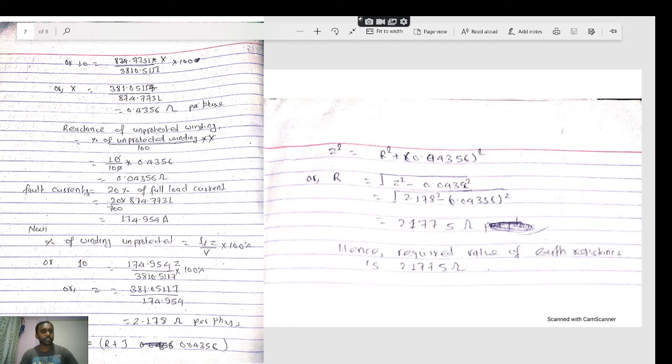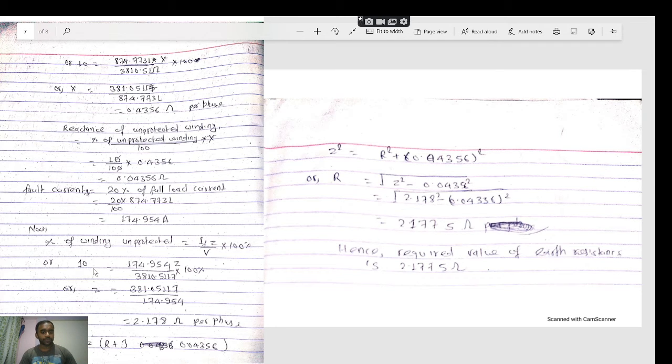Now fault current is 20% of full load current, so 20 by 100 into 874.7731. So fault current equals 174.954 ampere.